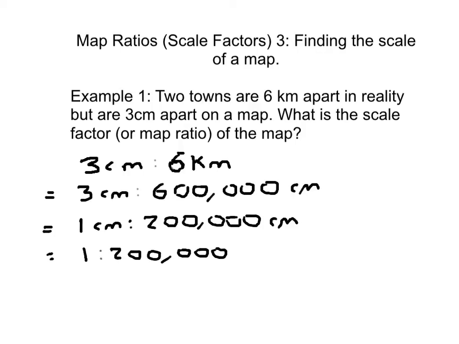So the overall principle is we just write down an initial ratio of the map distance compared to the real life distance. We make them into the same units. Then we work out what 1 centimetre is on the map compared to whatever is going on in real life, and we get rid of the units.